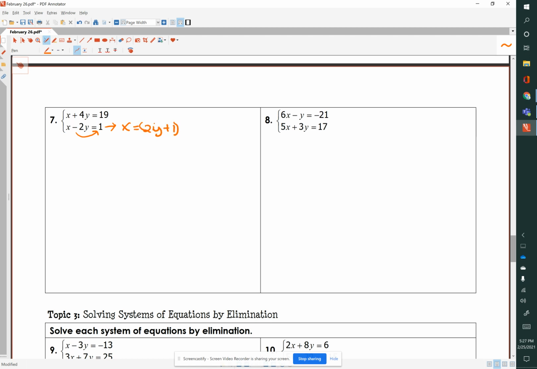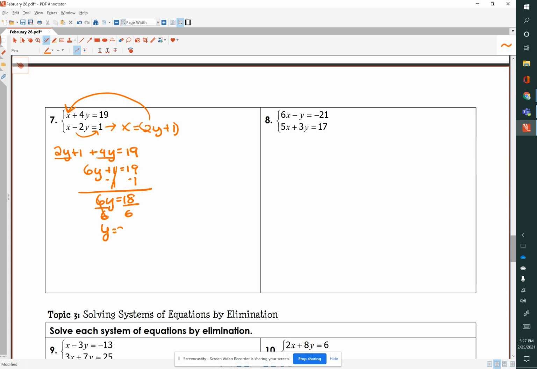Put that in parentheses and use it to substitute for x in the first equation. So 2y plus 1 plus 4y equals 19. So 2y plus 4y is 6y plus 1 equals 19. We subtract 1 from each side. 6y equals 18. We divide by 6.